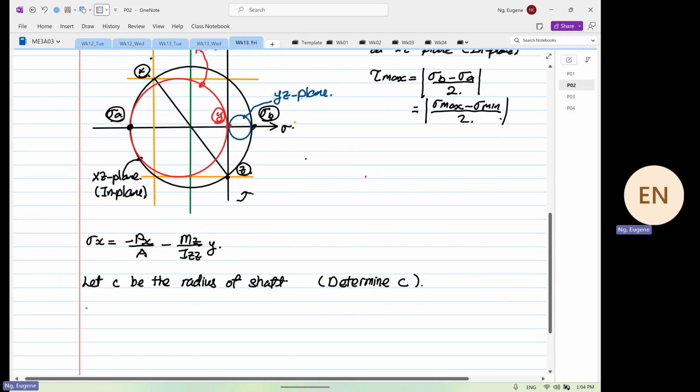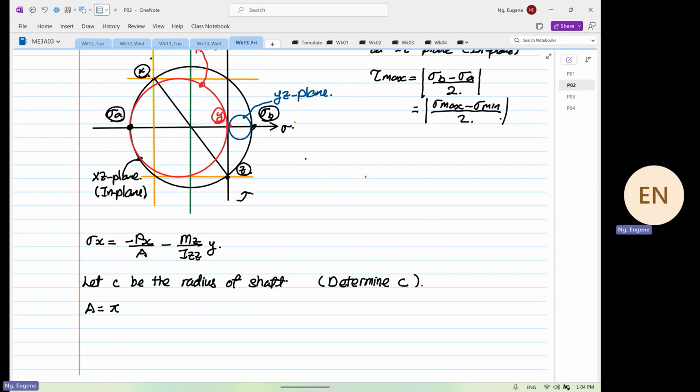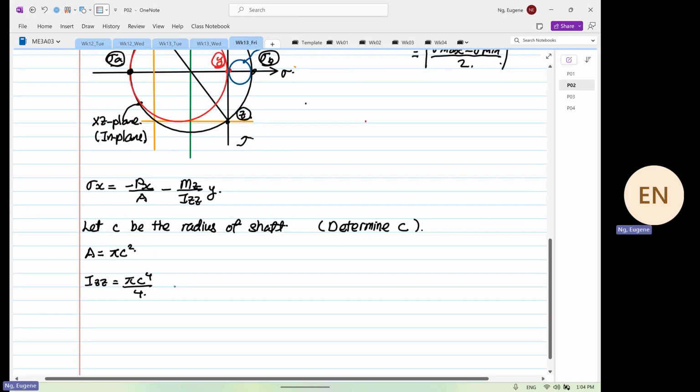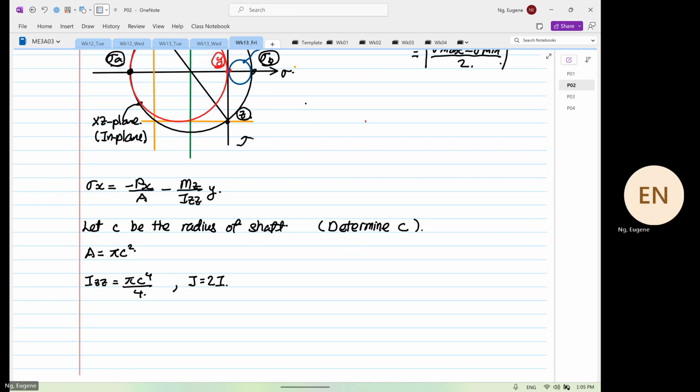So we know that the area is equal to pi c squared. And we know that Izz, by the way, this will be given, okay? Pi c^4 divided by 4. And we are also aware that J is equal to 2I. So from here, we know that stress X will be equal to minus Px.